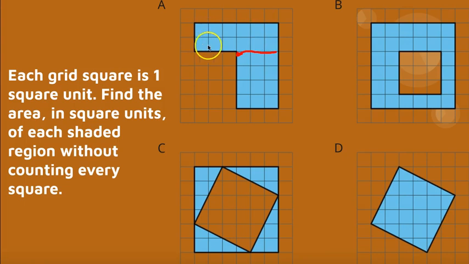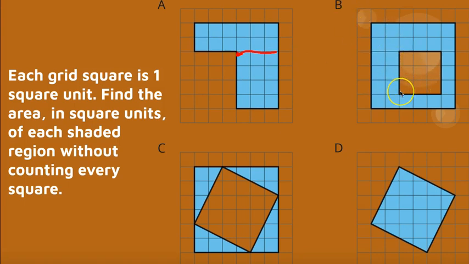It looks like 2 by 1, 2, 3, 4, 5, 6. So 2 rows of 6 would give me 12 for that piece of area. And then I've got 3 by 4, so I've got 12. So I've got two 12s here, which gives me 24 units, right?